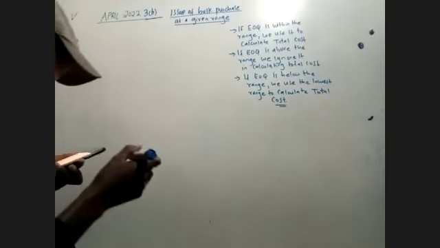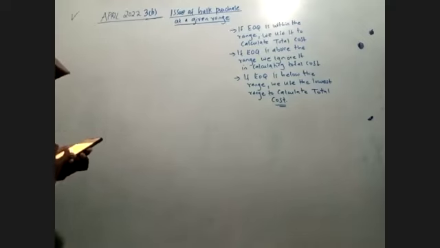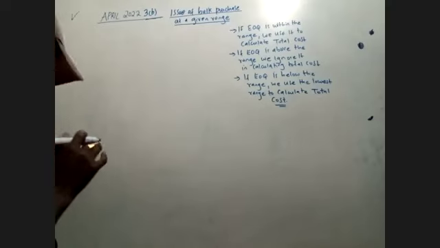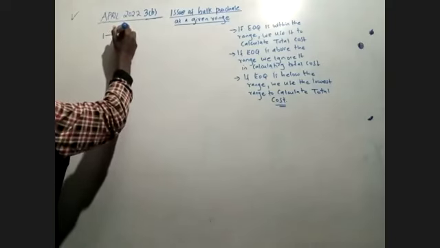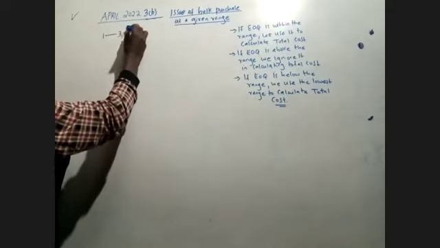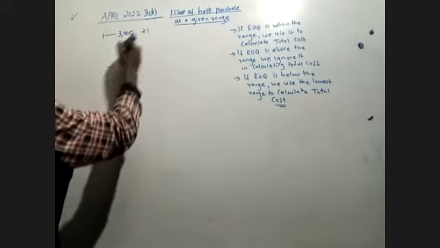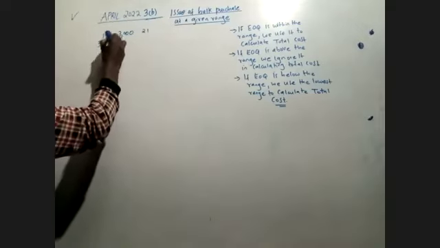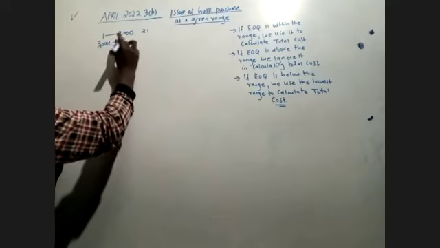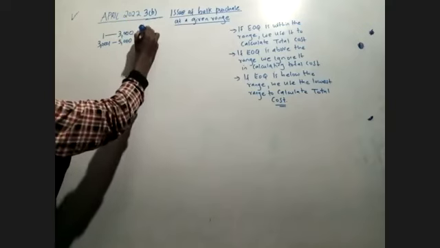Now, let us start with the first range. Our first range is between 1 to 3,000 at a price which is 21. At 3,001 to 5,000 at a price which is 19.